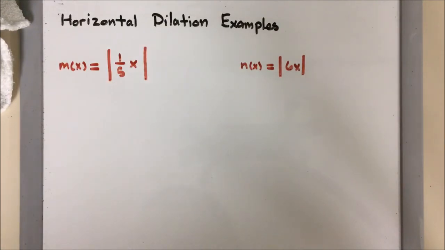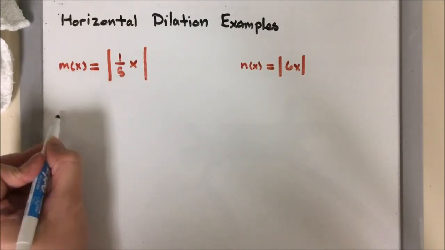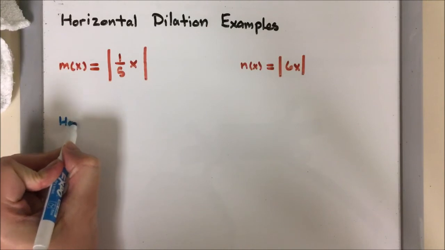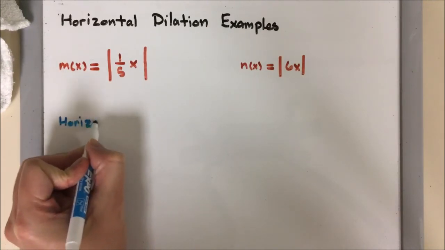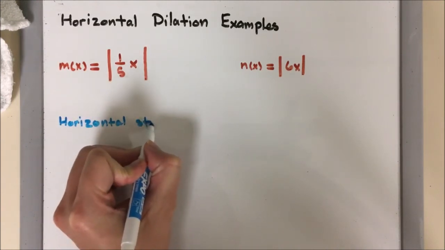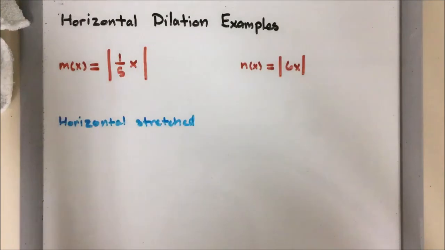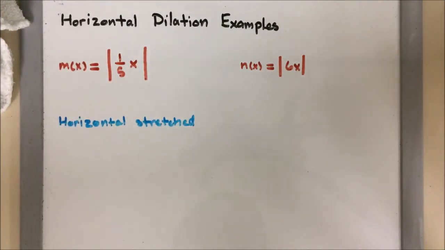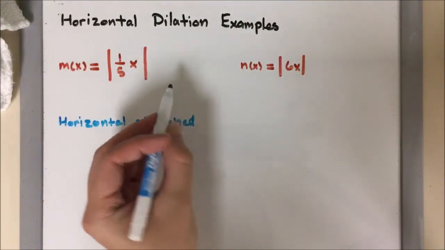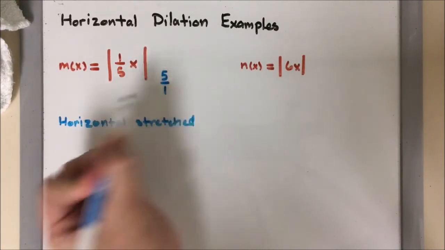So since it's less than 1, I would say that it's going to be a horizontal stretch. Now before I do the horizontal stretch, let me write that out first. Since it's 1 over 5, if I do the reciprocal, you're basically going to write 5 over 1.